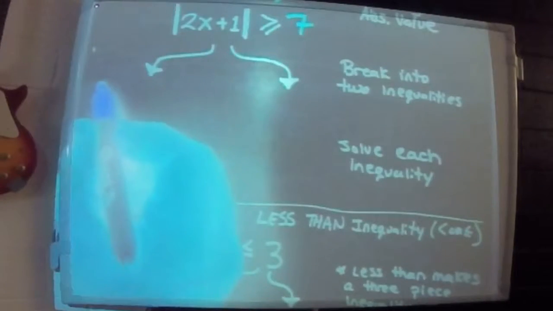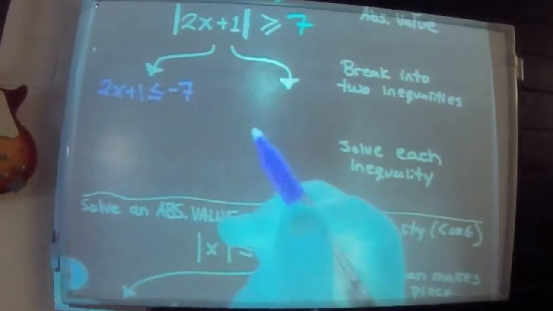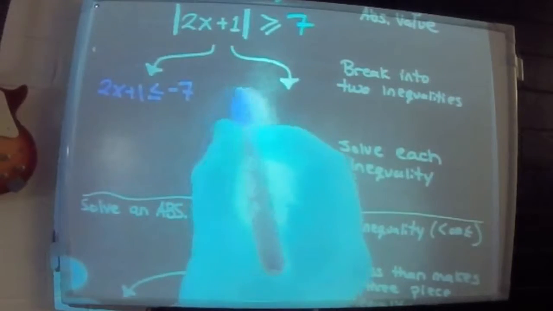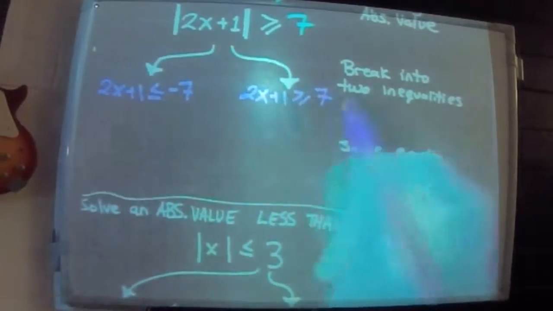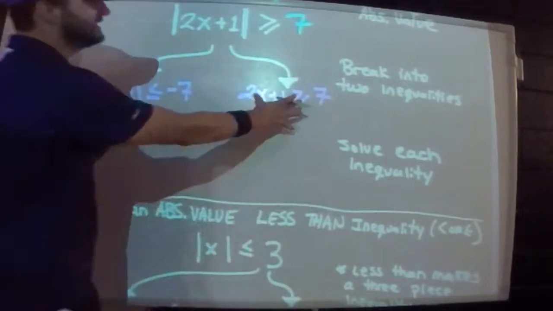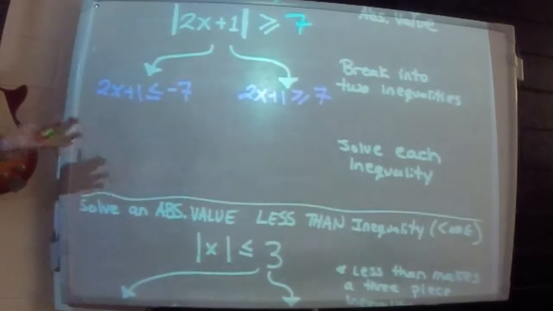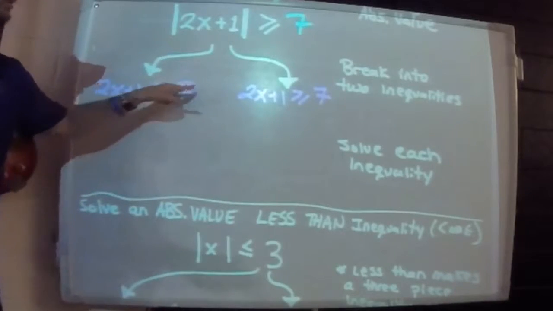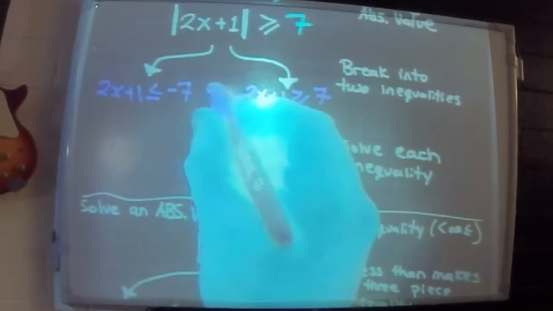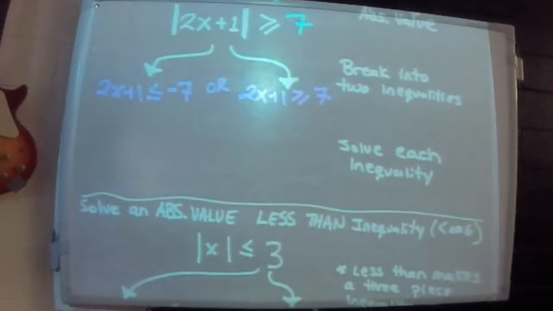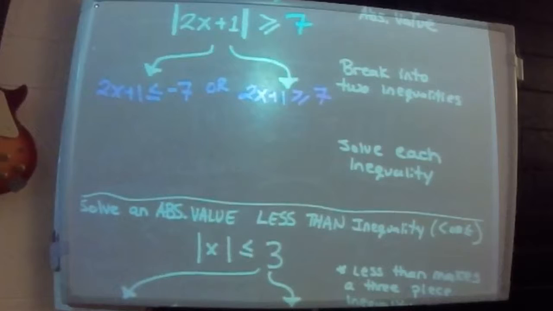So we got our 2x plus 1 is less than or equal to negative 7, or 2x plus 1 is greater than or equal to regular 7. Notice that this one right here is basically the exact same as this. We've just gotten rid of the absolute value. But there is going to be two answers. And if you ended up ever having to graph these, this would end up being an OR problem. You'd put them both on the same number line and then just take everything that gets shaded.